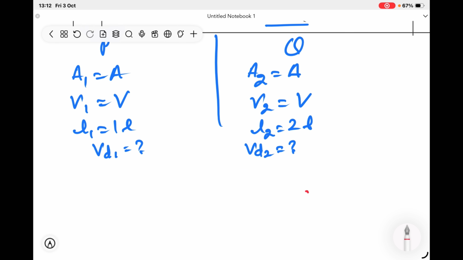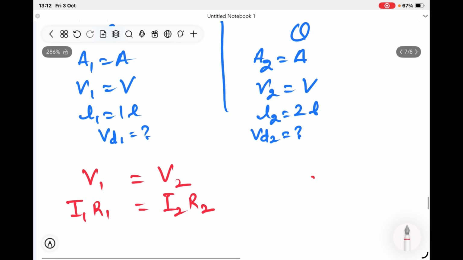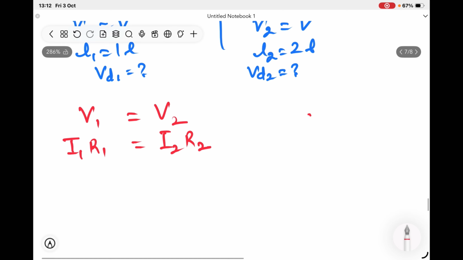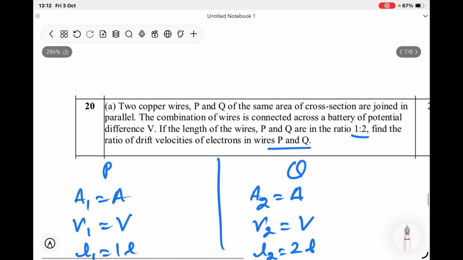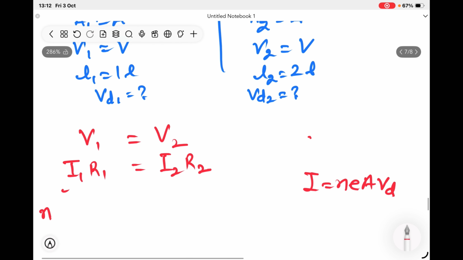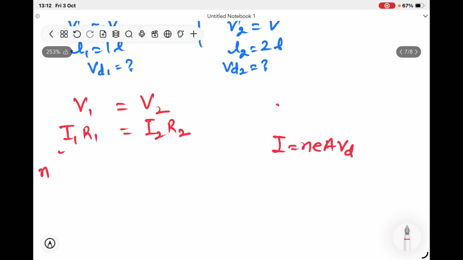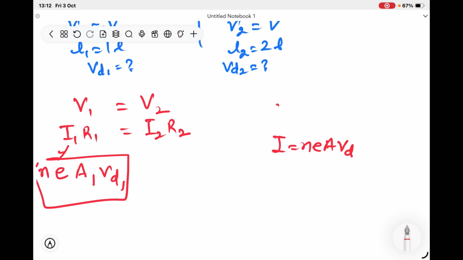So the voltage is the same, so we can use V1 equals V2, and V1 is I1 R1, and V2 is I2 R2. Now I can be written as n e A vd. You know the relationship between current and drift velocity. So let us substitute for I1. Both are copper wires, so n is the same, and the electronic charge e is the same, with A1 and vd1. This is how I've written I1.